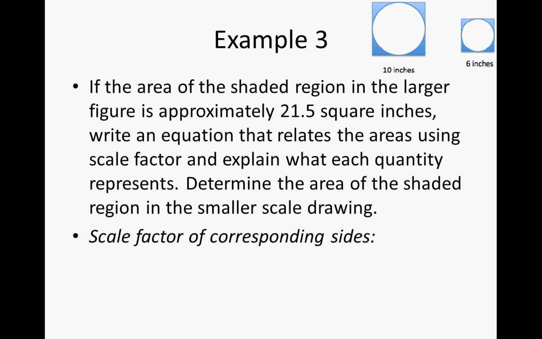So the scale factor of the corresponding sides would be 6 is equal to the percent times 10. Remember, 6 is the part, 10 is the whole. This is our original drawing, so that's why it is 6 is equal to percent times 10. Which means percent is equal to 6 over 10, which is 3/5, or 60%.